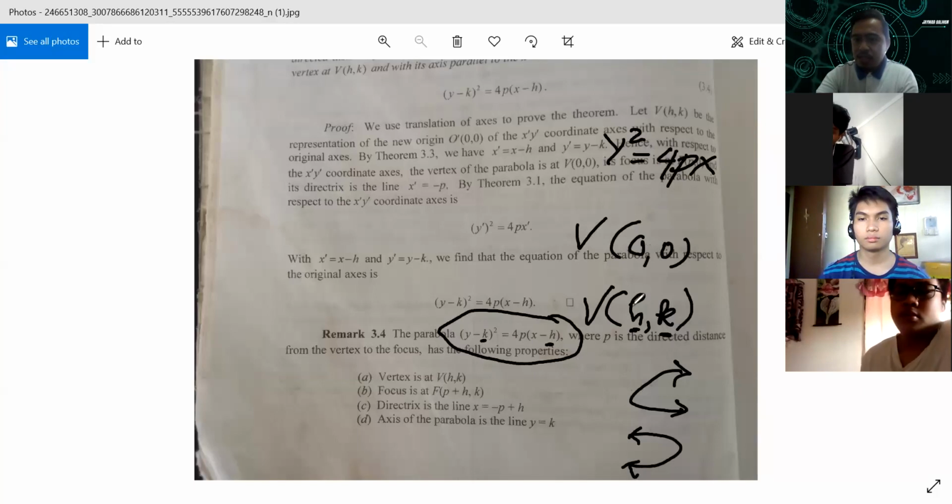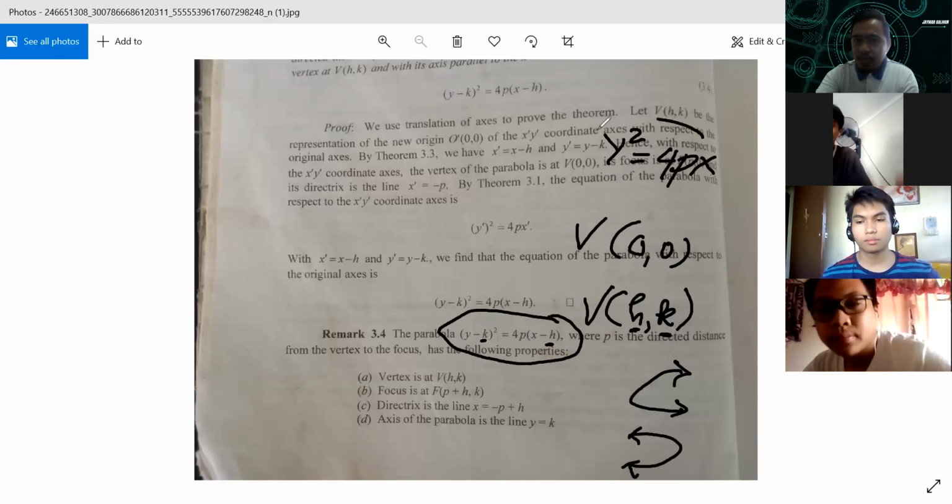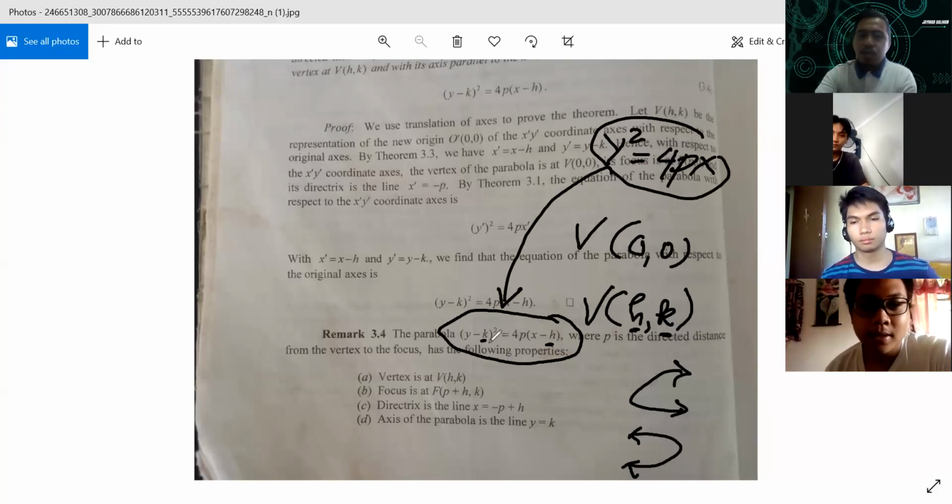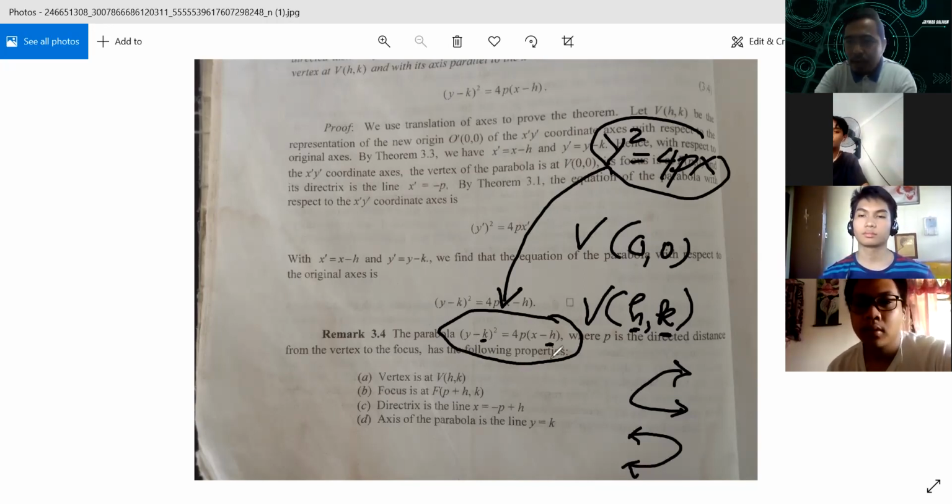When h is 0 and k is 0, this formula will be equal to that. So the earlier one is just covered by this formula. So it is more general. Okay? Did you get it? So this formula will cater to all of the possibilities wherein your vertex is anywhere in your Cartesian coordinate plane.